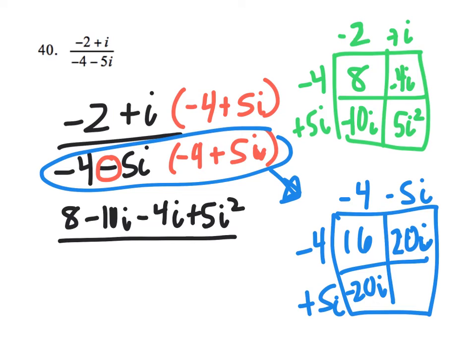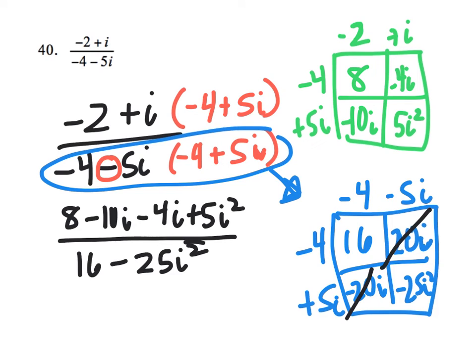And then 5i times a -5i gives me a -25i squared. Sorry, that's bad. These guys will cancel. On the bottom, we'll have 16 minus 25i squared.